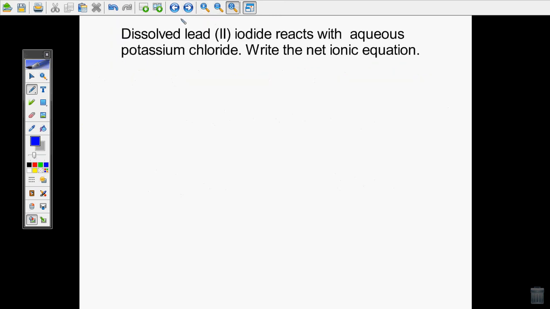Alright. Dissolve lead 2 iodide. So lead 2 iodide reacts with, so this is dissolved, so it's aqueous, reacts with aqueous potassium chloride. It's always a double displacement, so PbCl2.